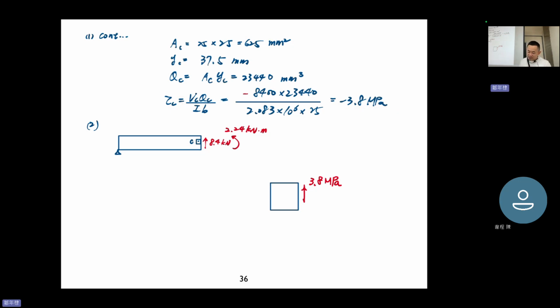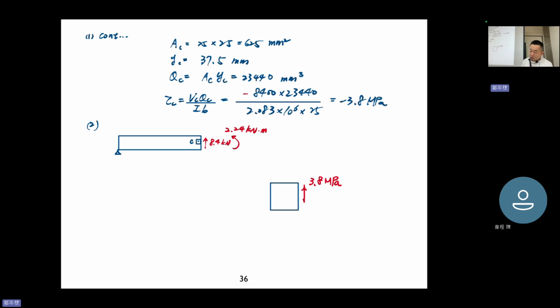But the sign convention in the shear moment diagram is different from our original X and Y coordinates. You see tau C is minus, so supposedly, as in the previous chapter 2, it should go downward, right? But because our value comes from the shear moment diagram, we need to be really careful.